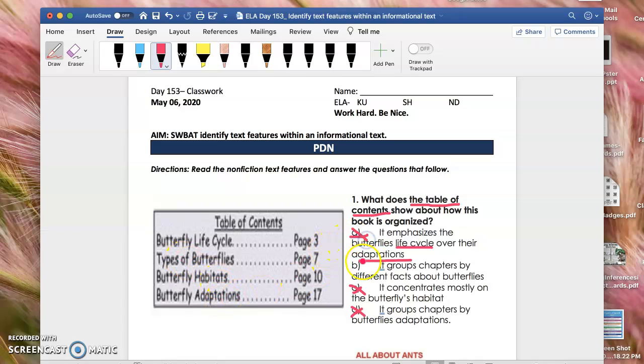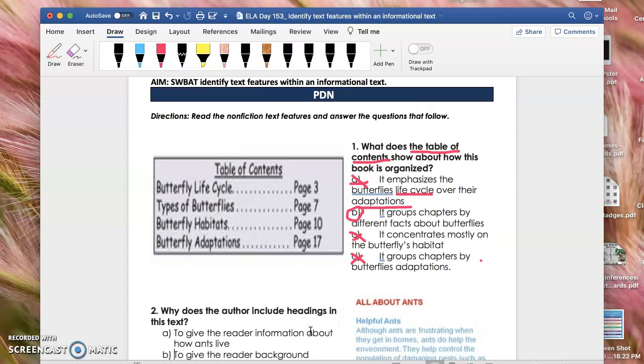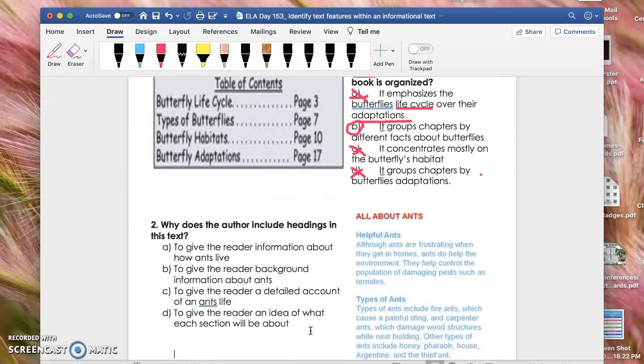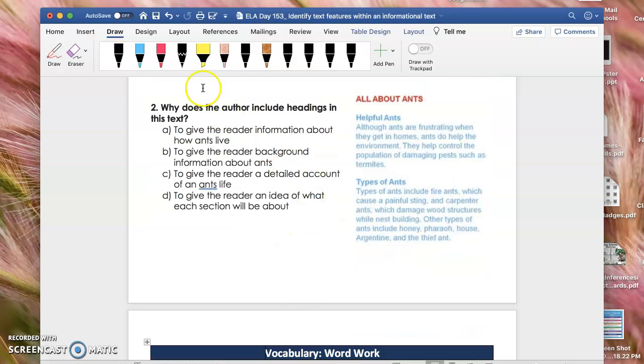So I know that B is my correct answer because the topics talk about the different facts. If you didn't get that one right, you have to just concentrate on what the question is actually asking you.